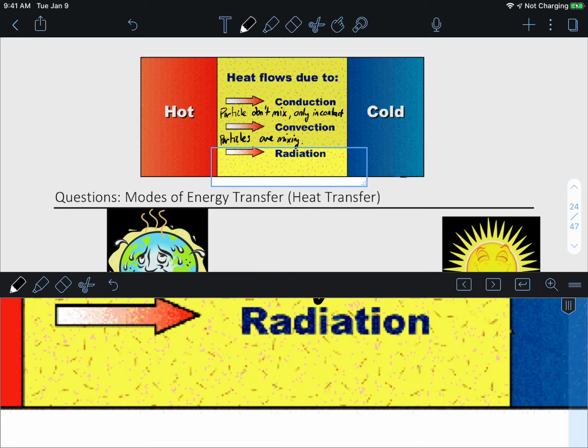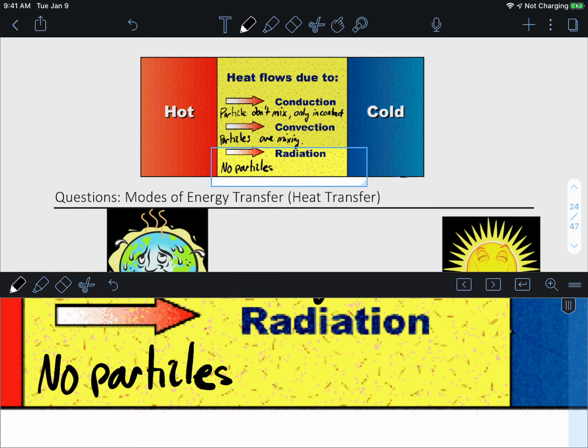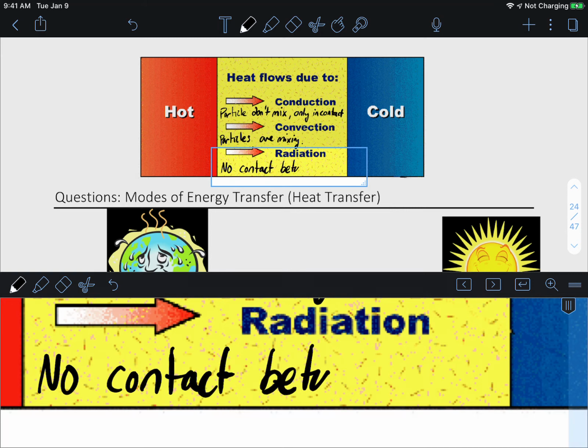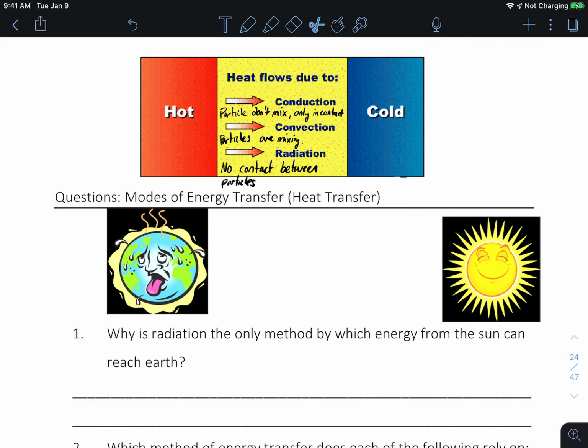And in radiation, there are no particles, or no contact between particles. Let me move that down here so you can see it. No contact between particles.